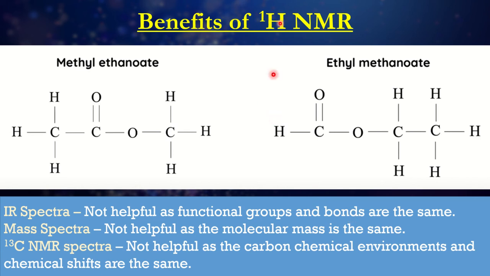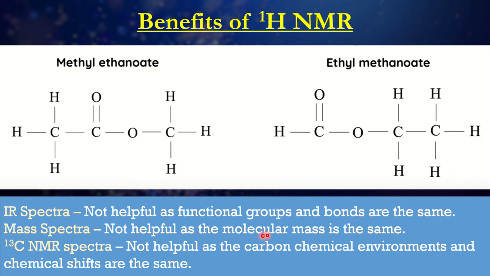Now, where are the benefits of using the hydrogen NMR? Well, if you compare the two esters, you'll see that infrared spectra won't be helpful in differentiating between the two because they have the same functional groups, so that's not going to be useful.